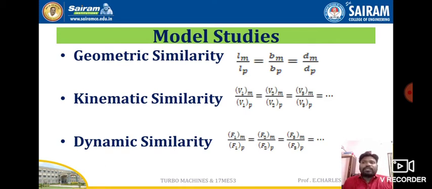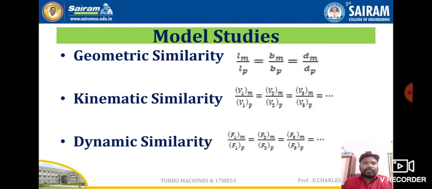Next, moving on to dynamic similarity. Two systems are considered to be dynamically similar if they are geometrically and kinematically similar and the ratios of the corresponding forces acting at the corresponding points are equal. So here forces are equal. First, geometric is shape, next kinematic is motion or velocity, and here it is forces.